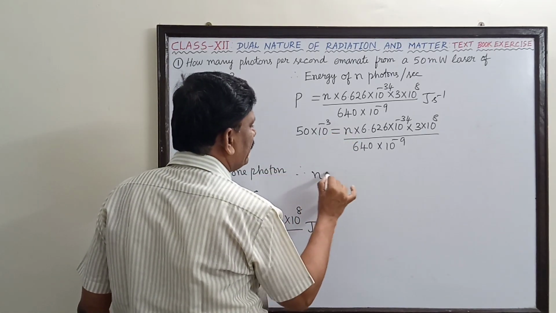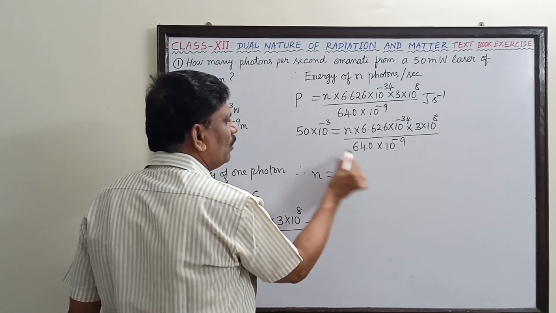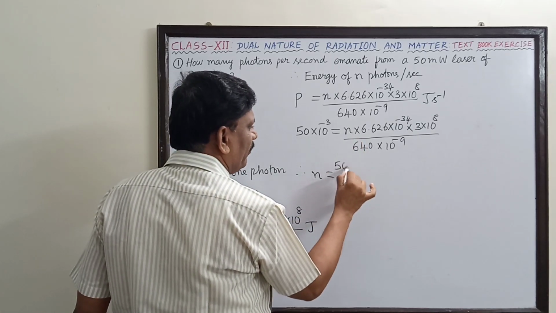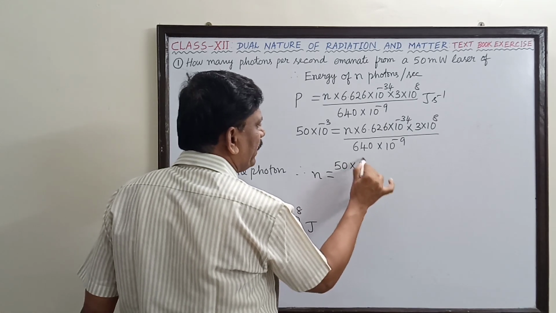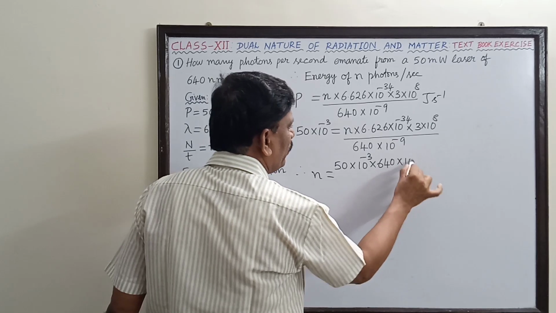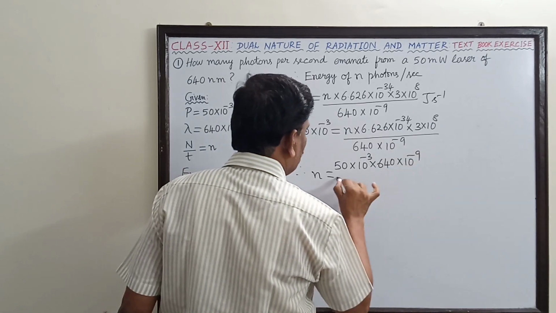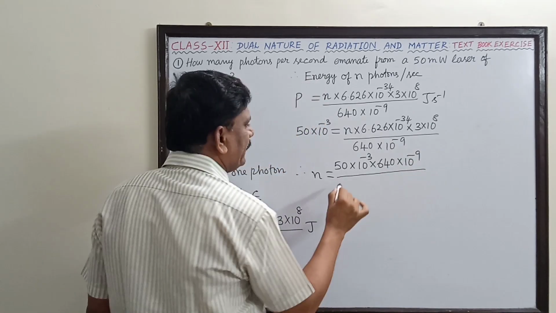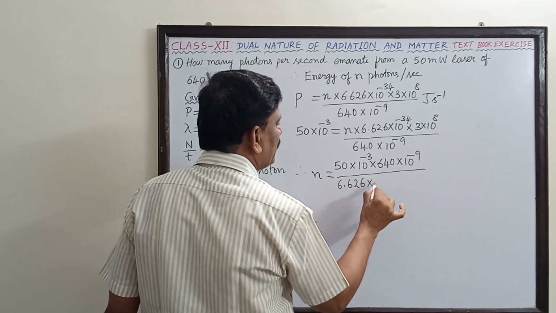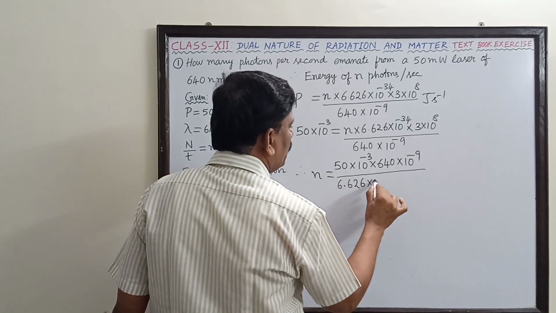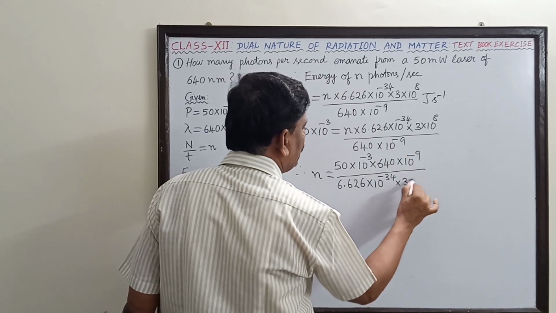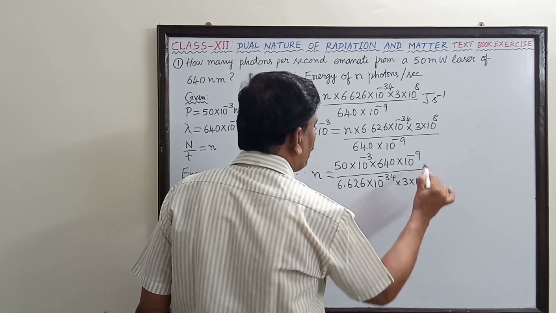Therefore n must be equal to, I will bring the 640 and multiply with the 50. So 50 into 10 power minus 3 into 640 into 10 power minus 9 divided by 6.626 into 10 power minus 34 multiplied by 3 into 10 power 8.